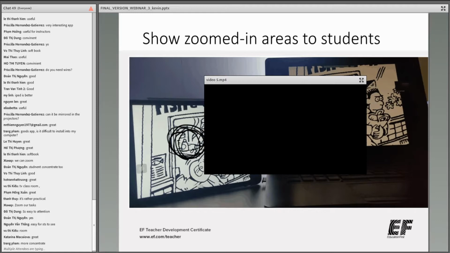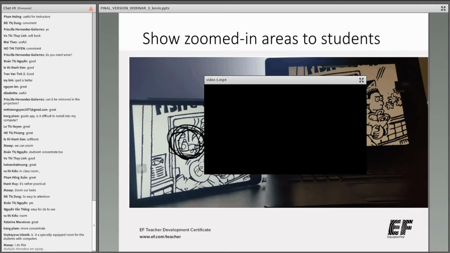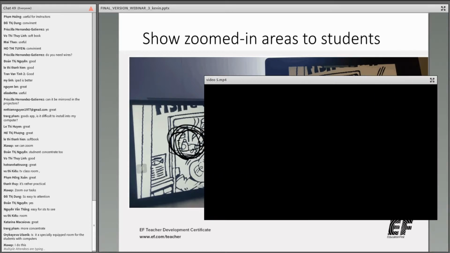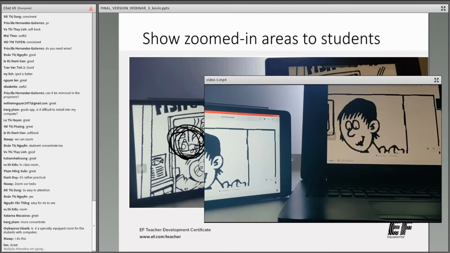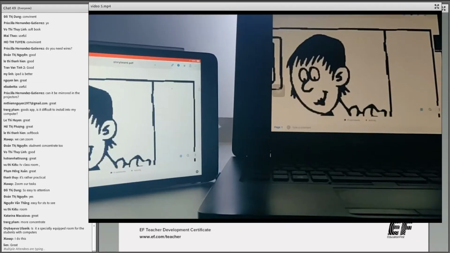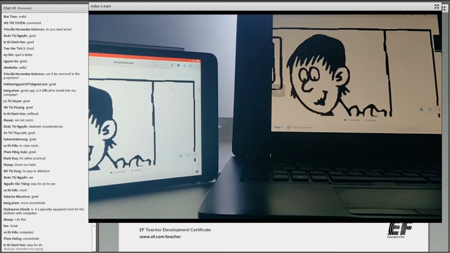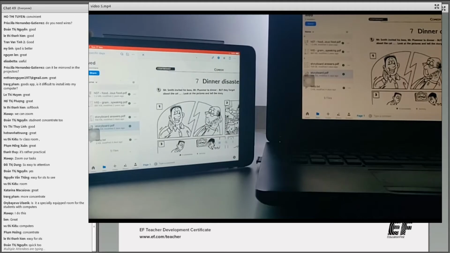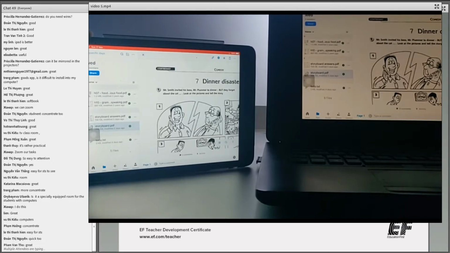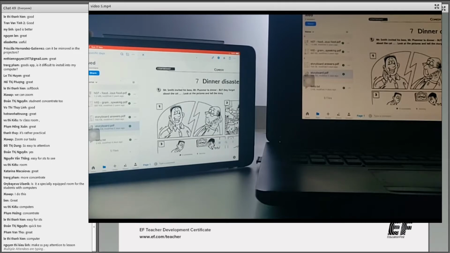And to show you that in practice, I just want to show you a quick video of this. So let's see if we manage to make this work. As you can see on the left, there's my iPad.